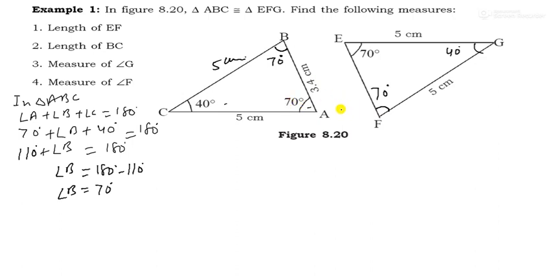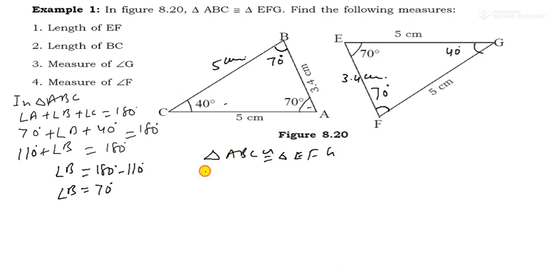Now this side is 3.4 centimeter because both the triangles are congruent. So triangle ABC is congruent to triangle EFG. Now here which side is it? It is EF.